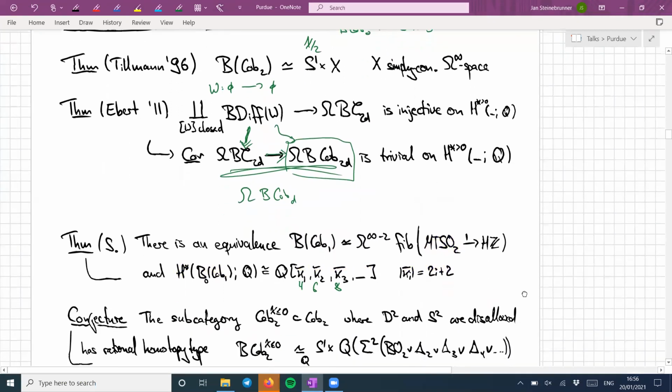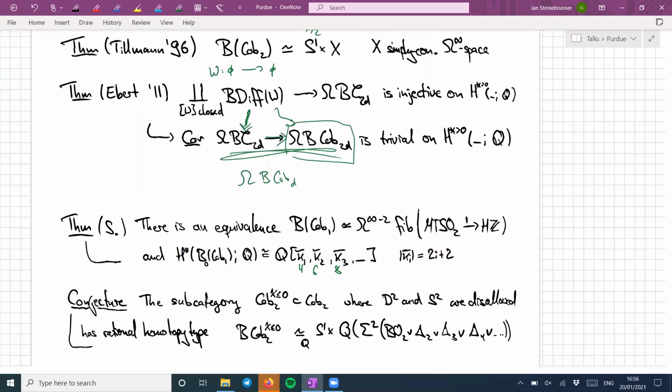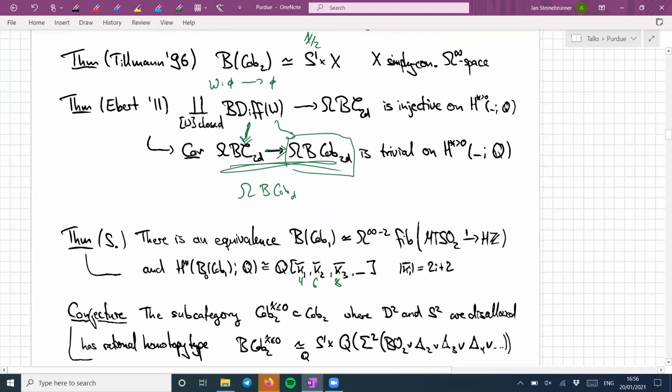In the COP2 case, I have some conjecture, and I'm trying to write this up at the moment. The COP2 case itself is not super interesting. It might actually be that the X here is fairly small. But you can make a very small change, which I denote by COP2, chi less equal 0.